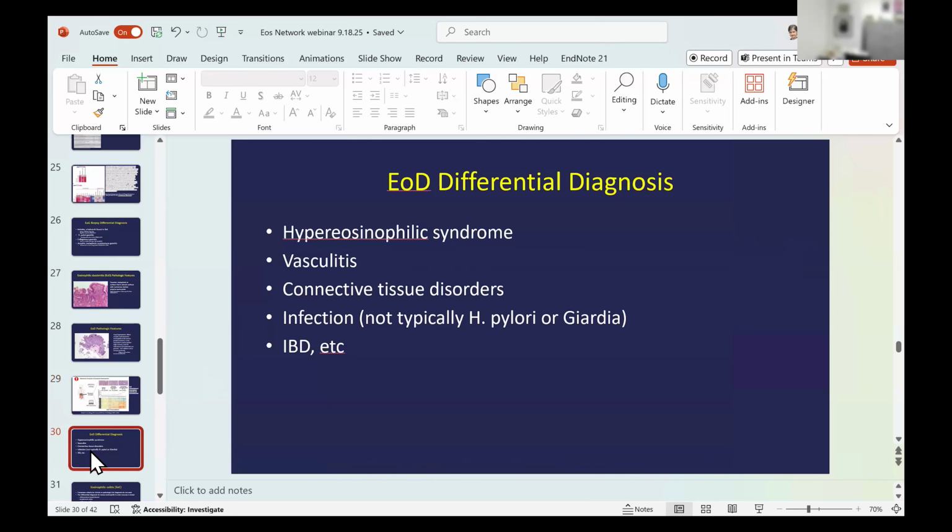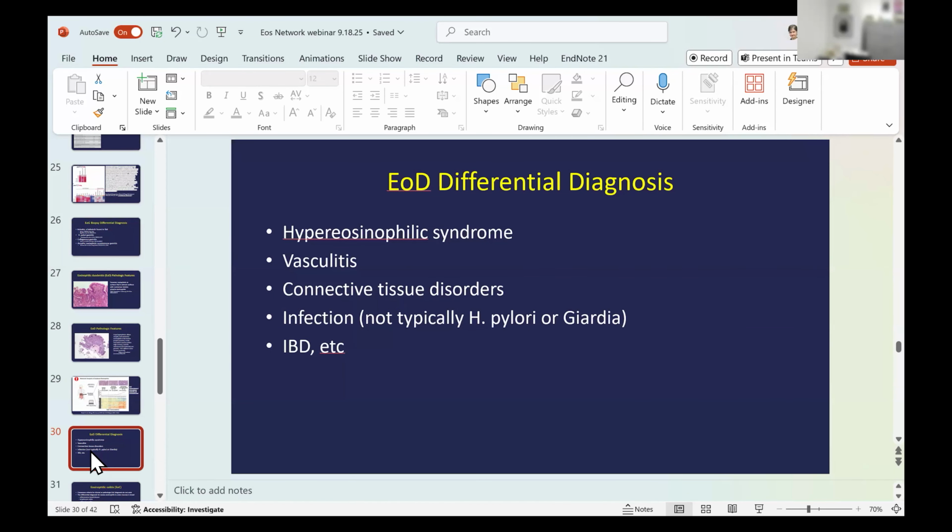And the differential here is hypereosinophilic syndrome, vasculitis, connective tissue disorders. Interestingly, H. pylori affects the duodenum, but hardly ever does it cause the eosinophil infiltrate in the duodenum that it does in the stomach.